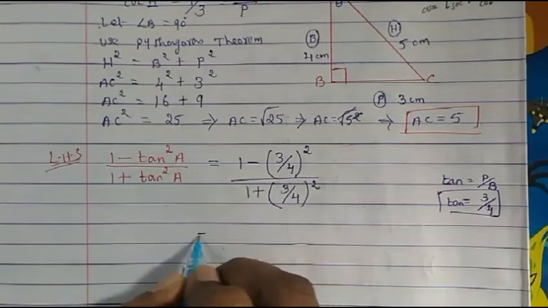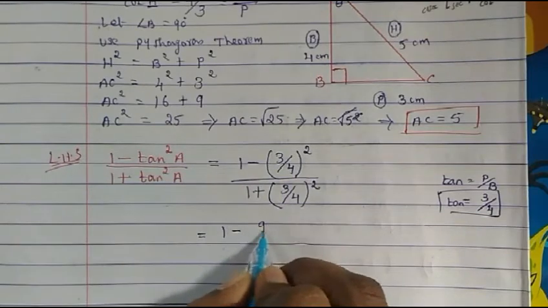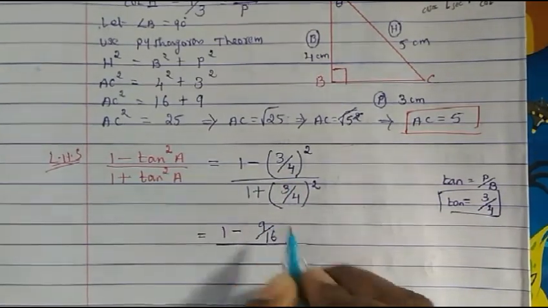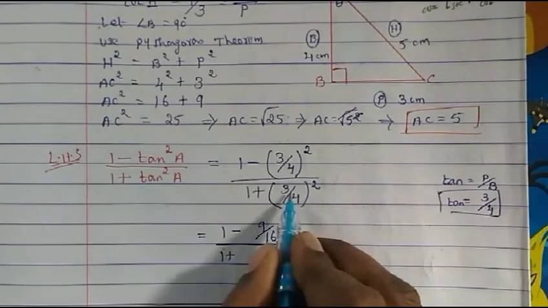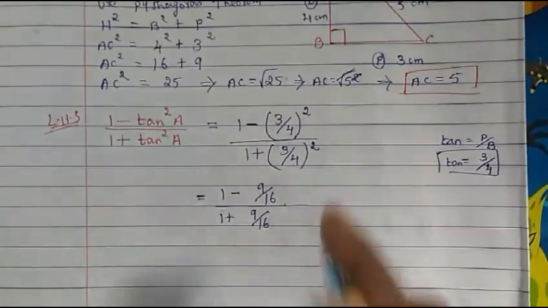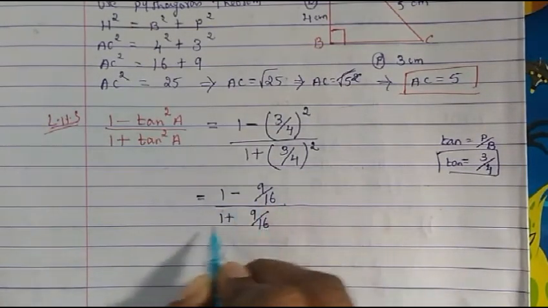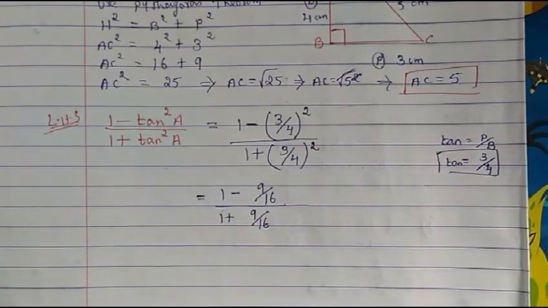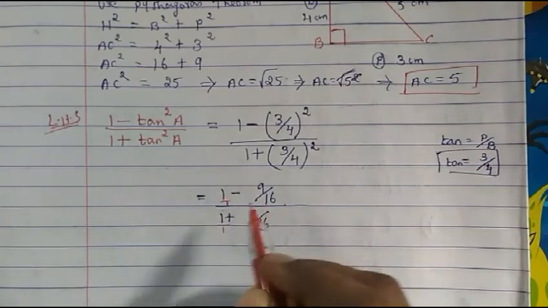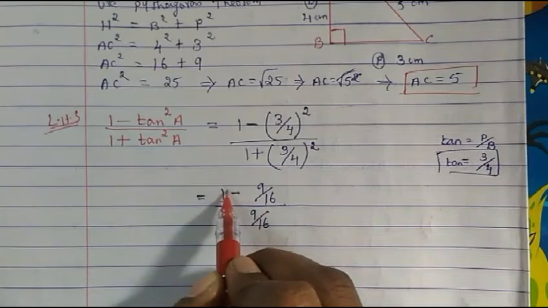Now 3 square will be 9 and 4 square will be 16. Then 1 plus 3 square is 9 and 4 square is 16. You see, here denominator is 16, and here nothing is there, so we have to take the LCM. Consider 1 is there. Now we multiply both sides with 16.